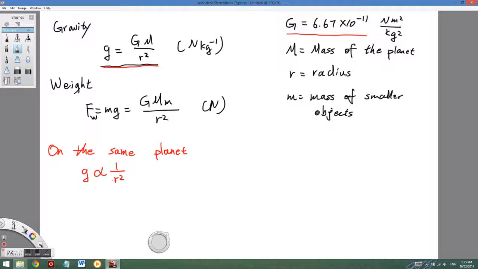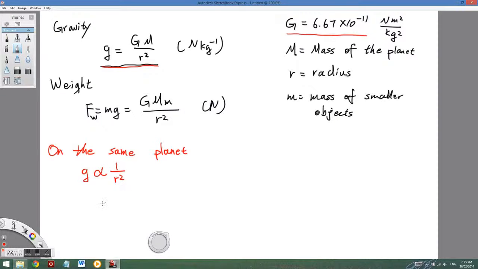It means the closer you get to the center of the planet, the more gravity you have. Now, this only applies above the surface of the planet. It doesn't apply when you travel into the planet.